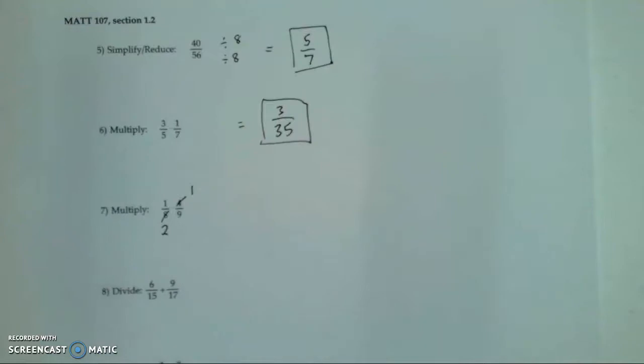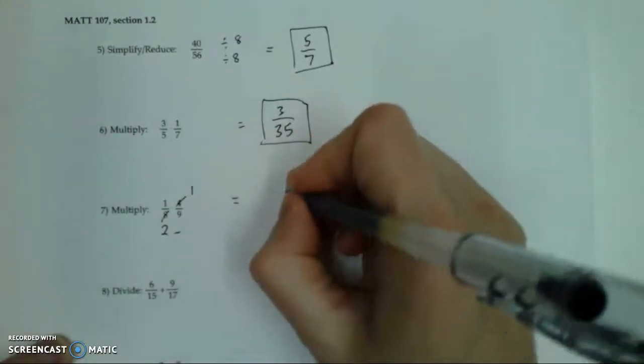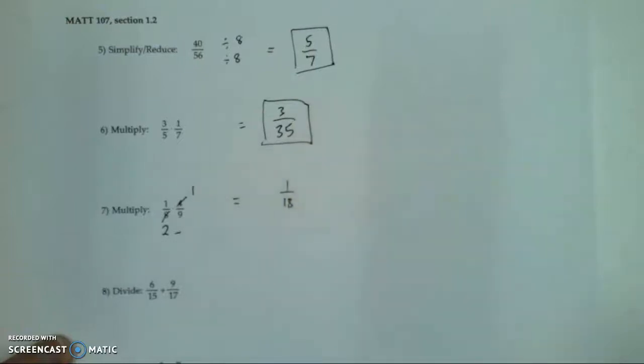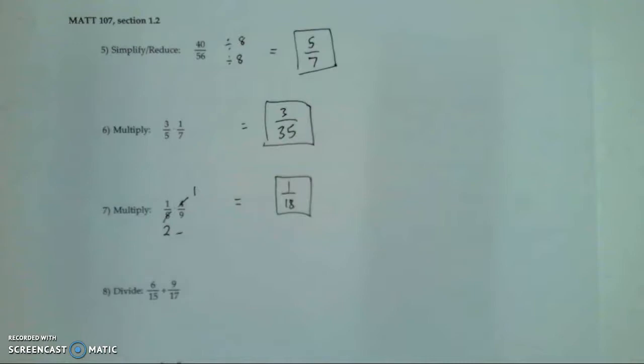Not only does this give me smaller numbers, which are easier, but if I've reduced everything now, then my final answer should already be in lowest terms. In the numerator, 1 times 1 is 1, and 2 times 9 is 18. If you've got a 1, then this is definitely in lowest terms. So again, you can start by reducing and then multiplying.